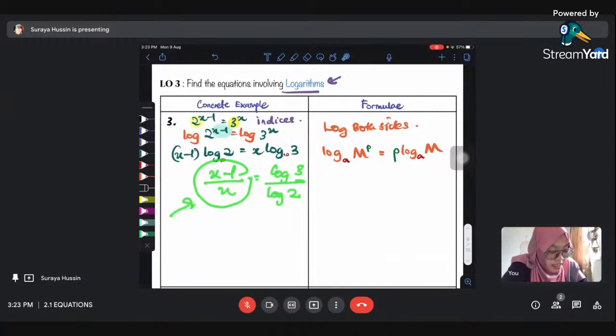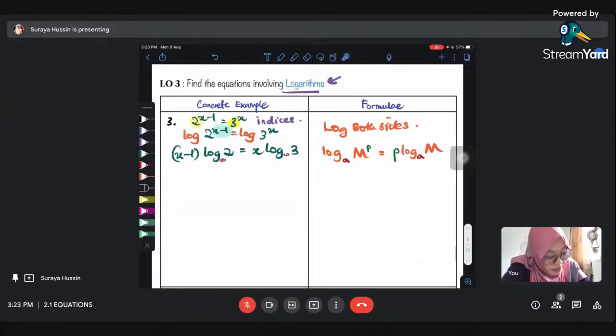So if you have no idea means they are wrong. Okay, when they are wrong, what you can do is just masukkan setiap satu ni. Darabkan dia. Sini dan sini. So you will get x log 2 minus log 2 is equals to x log 3.